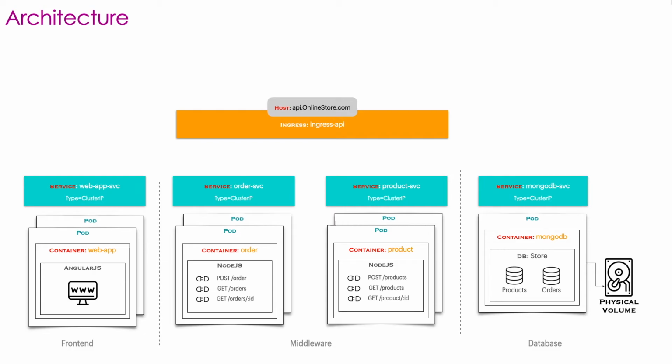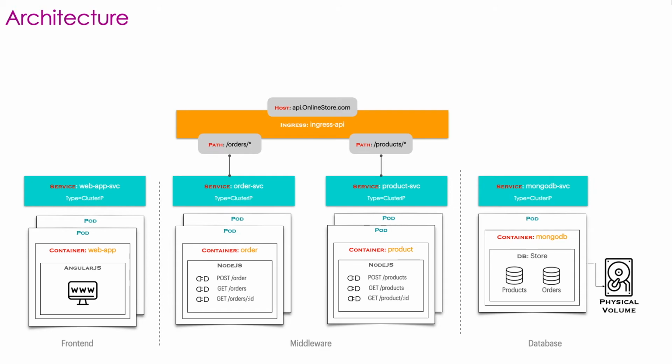However, in order to expose these services externally, we have introduced another Kubernetes component called Ingress. Think of Ingress almost like another service. According to this architecture, one can access the orders APIs with a path that is api.onlinestore.com/orders. And we will get to see how this is actually leveraged as we dive deeper into the code.